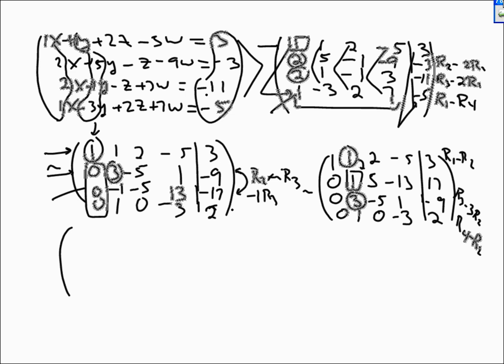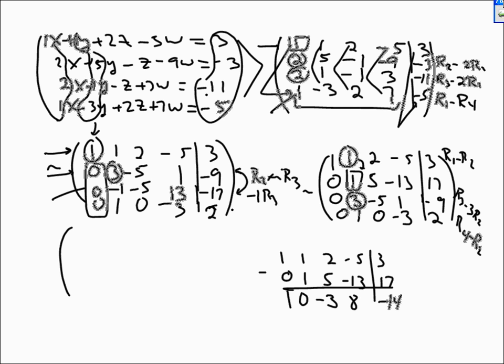So here is row 1. Here is row 2. And I'm supposed to subtract. I get 1, 0, negative 3, 8, negative 14. That is row 1. 1, 0, negative 3, 8, and negative 14. Row 2 does not get changed.